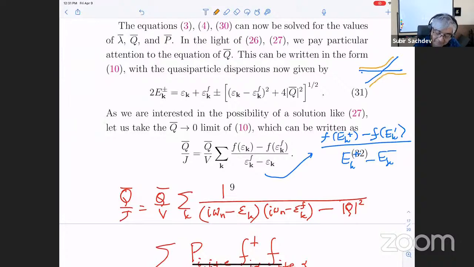So the initial summation here is over the blue and orange lines, but as Q bar goes to 0, it becomes over the blue lines. And then it's really convenient to rearrange the sum over K, where you always call this one band and the other band. And so it's just the Lindhard function between the F band and the K band.